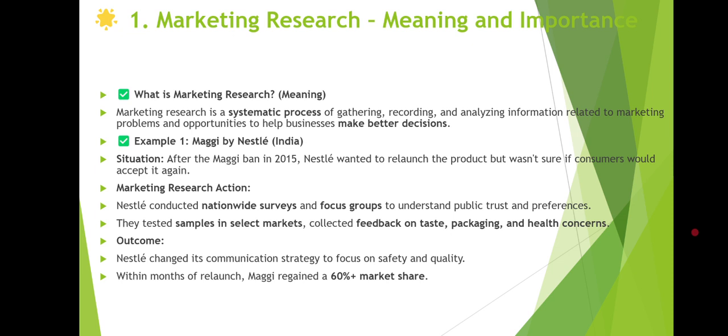They tested samples in select markets, collected feedback on taste and packaging, and they also focused on health concerns. So what is the outcome after marketing research? Nestle changed its communication strategy to focus on safety and quality. Within months, the product was relaunched. Maggi regained a 60 percent plus market share in the market.